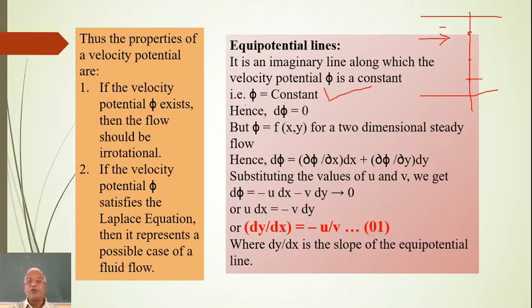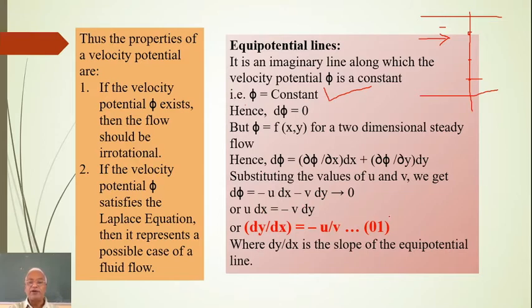Substituting the values of u and v, we get d phi equal to minus u into dx, plus minus v multiplied by dy. So from this we can say that u dx is equal to minus v dy, or dy by dx is equal to minus u by v.